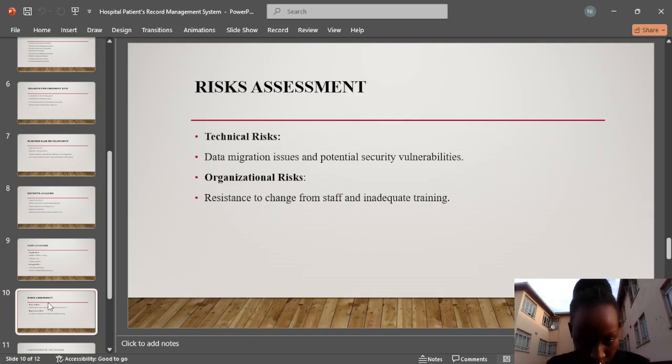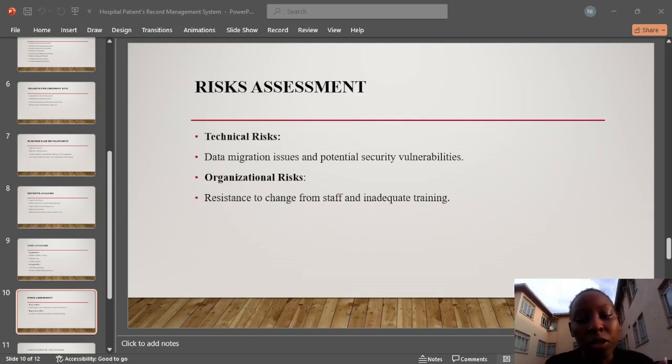Then the risk assessment. One of them is technical risk. There are many technical risks, but I tried to outline a few. One is data migration issues from legacy systems to the new database. Another is potential security vulnerabilities during implementation.